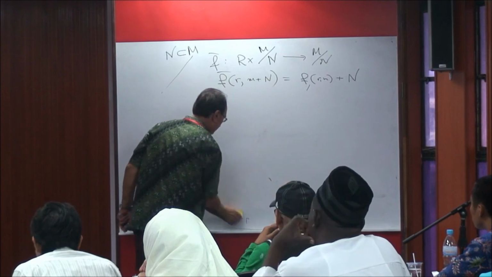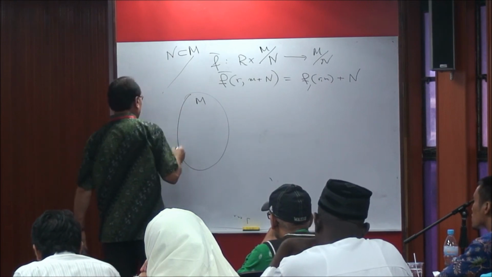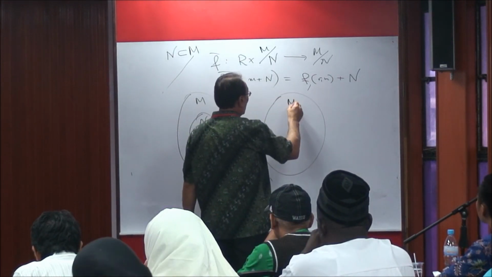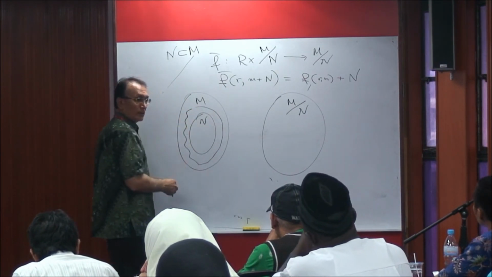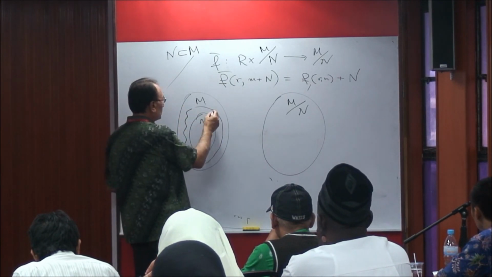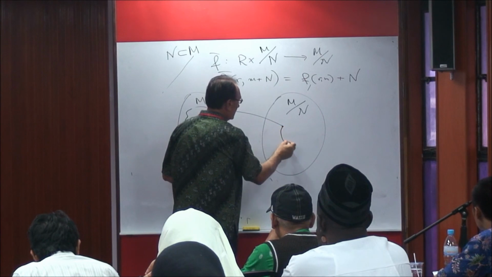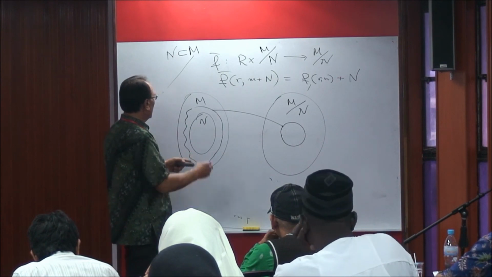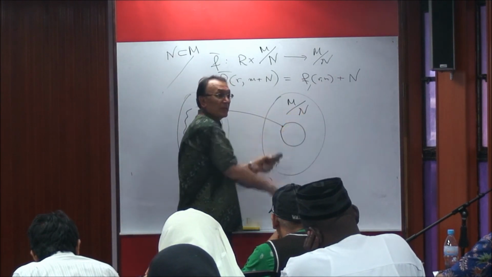So what I have, this is your submodule N, and here you have M over N. If you take any submodule of M containing N, then you can send it to some submodule of M over N. Moreover, if one submodule contains another submodule, then the same inclusion holds in the image.